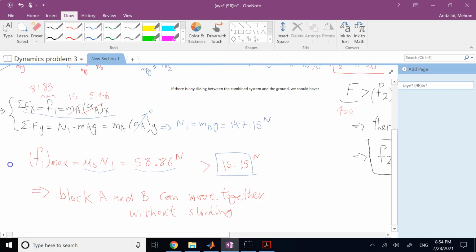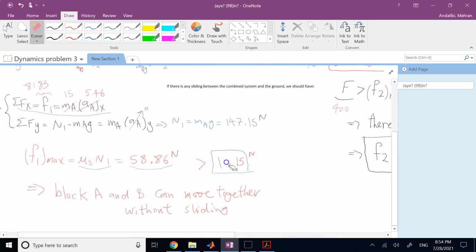And this 81.83 is definitely bigger than the maximum friction that you can generate. So there is no way your surface between A and B can generate that required friction. When that happens, it means block A and B what?